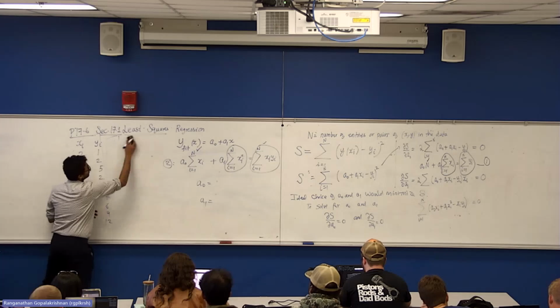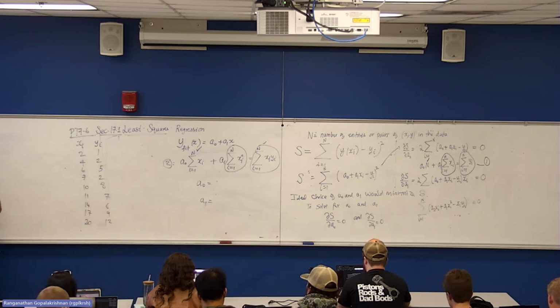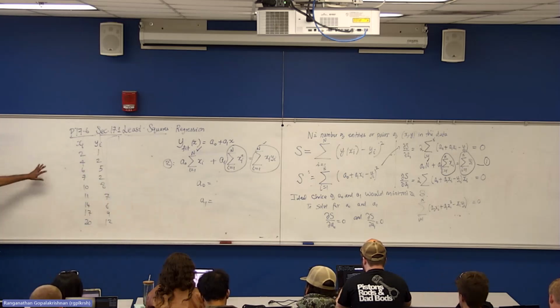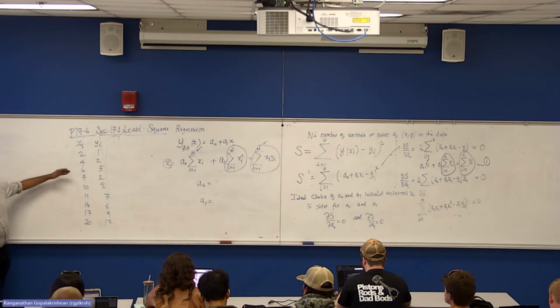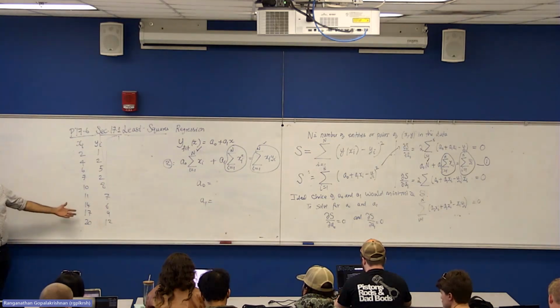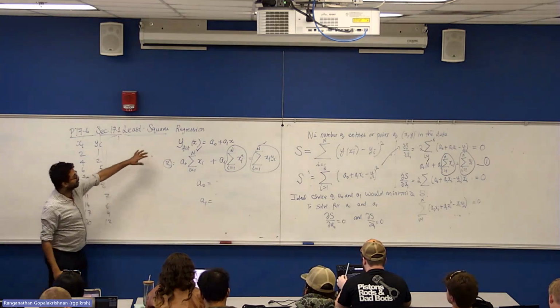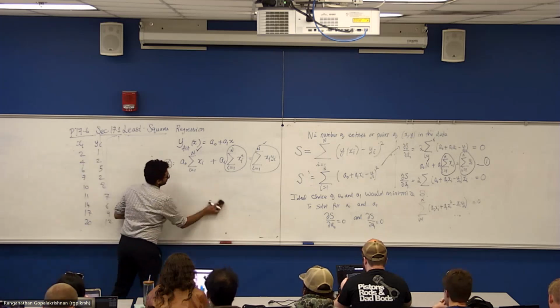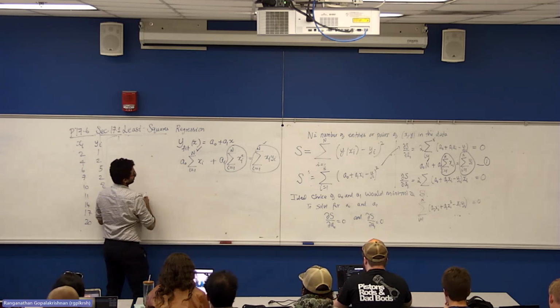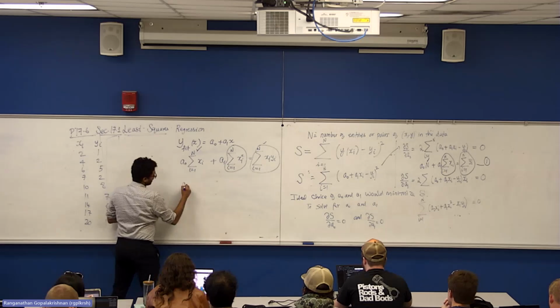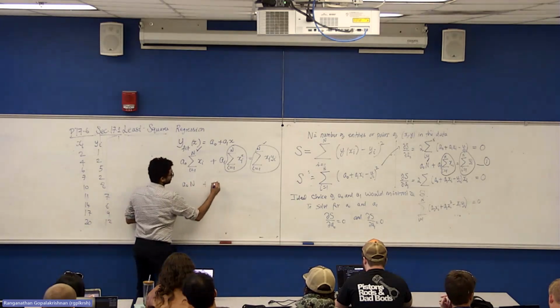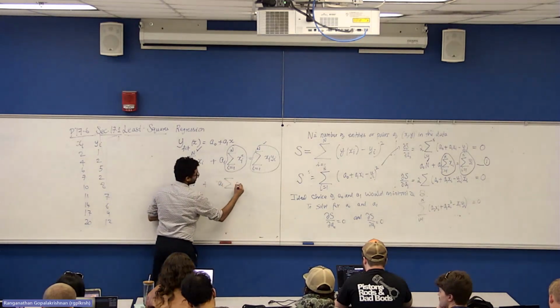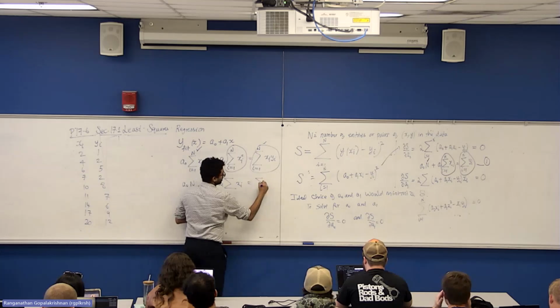This is the data that's given to you. Usually a very simple problem like this will start with: develop a linear fit for this data. So you have to solve for A0 and A1 and we'll see how. Okay. So what I'm going to do is write A0 n plus A1 sigma xi equal to sigma yi.